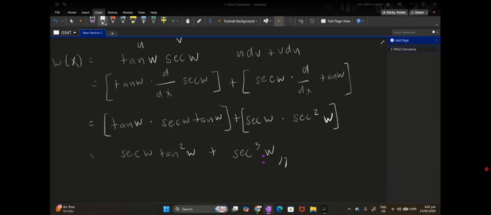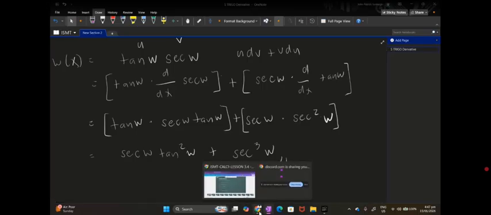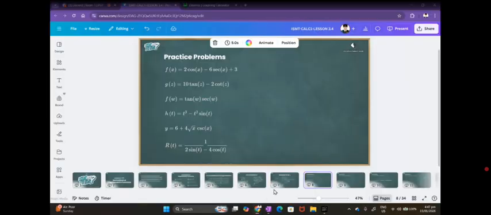Pero pwede pa natin siya simplify, pero for the sake of time, okay na yung ganito.